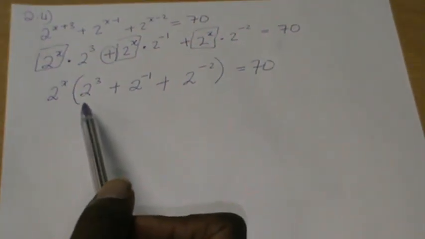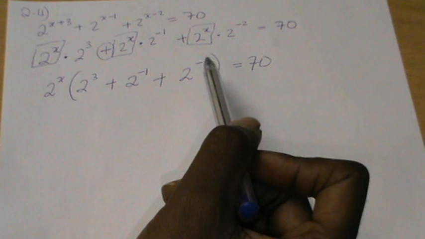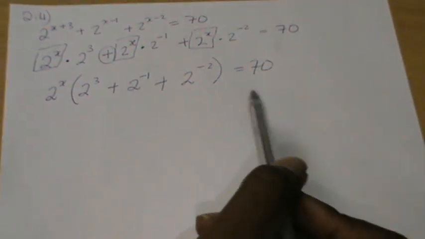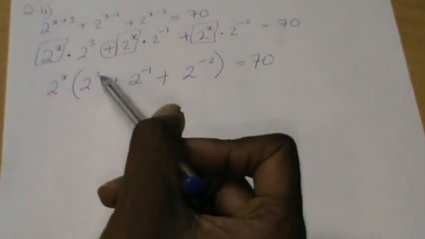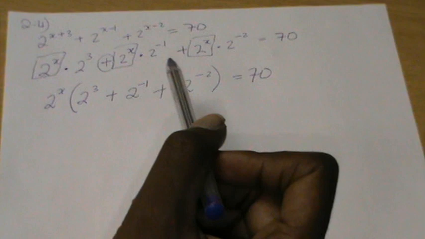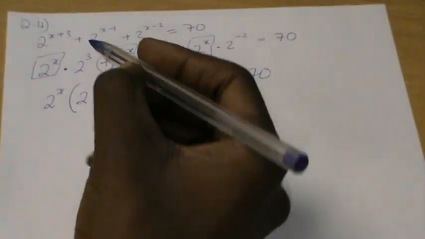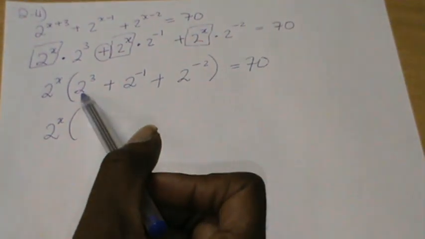Now these values here, 2 to the power of 3, 2 to the power of minus 1, 2 to the power of minus 2, those are all just numbers. They're like terms, and I can add them together. So what I do is I will evaluate what these values are, add them together, and then see what to do from there. So here is my common factor, 2 to the power of x. Now I say 2 to the power of 3.